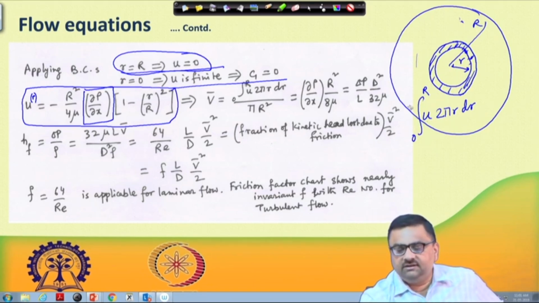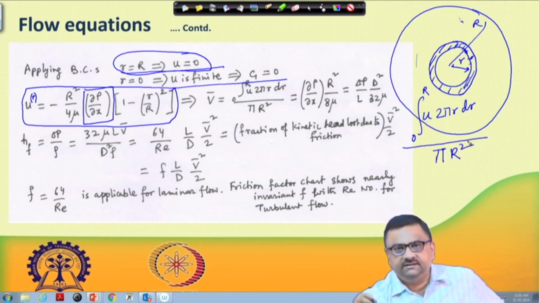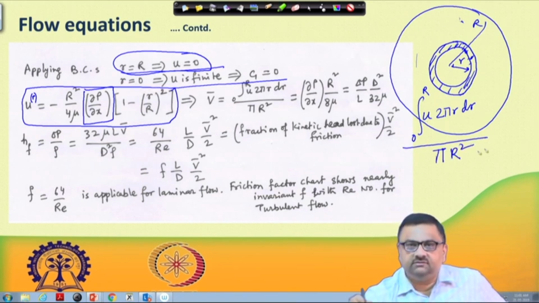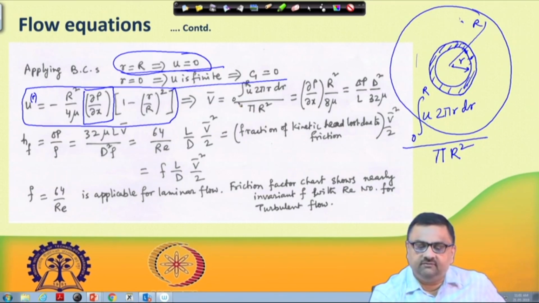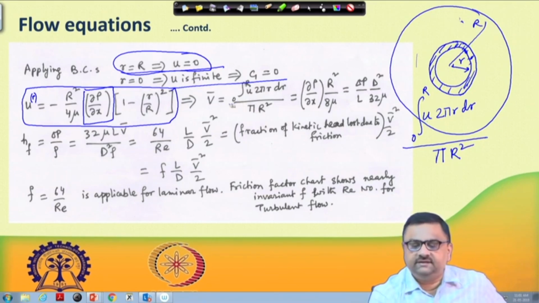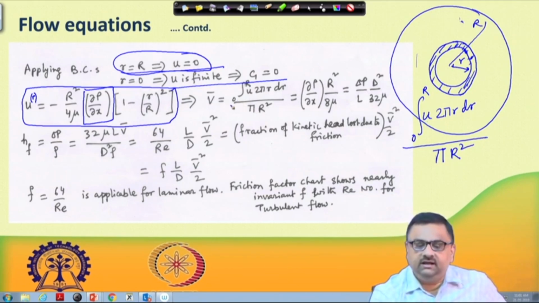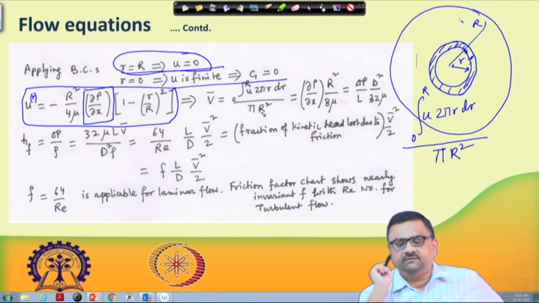Now if you divide by the total cross sectional area, which is pi r square, this gives me the average velocity through this cross section, and that is exactly what they have done. V bar, the average velocity, is the integration from 0 to capital R of u 2 pi r dr by pi capital R square.